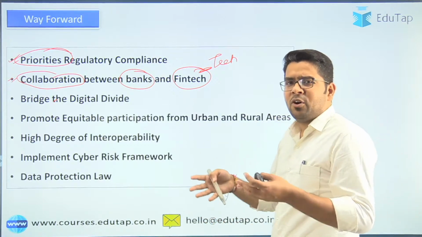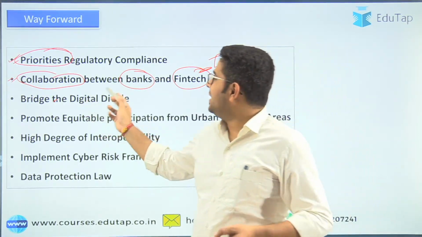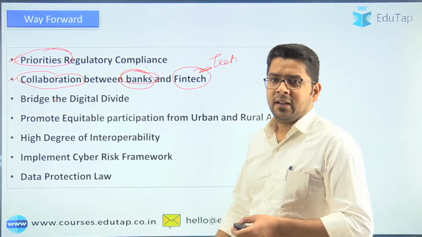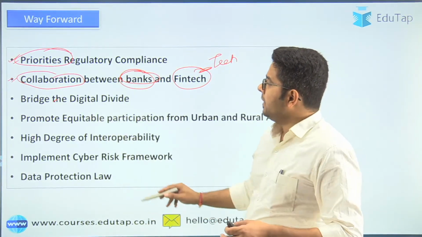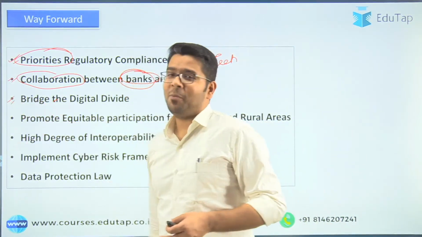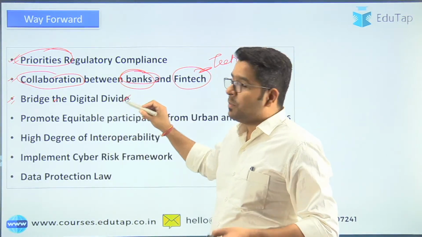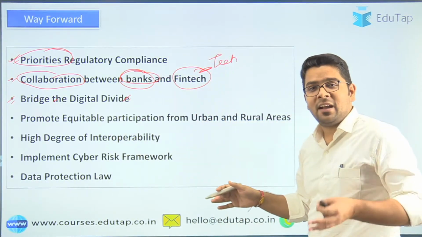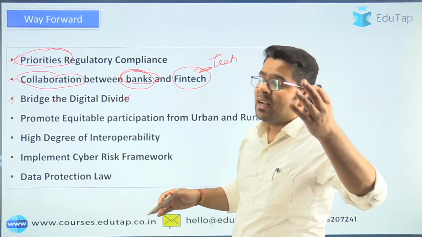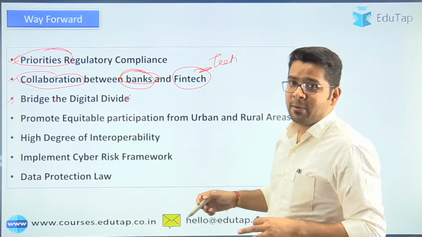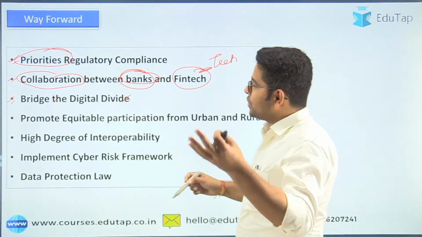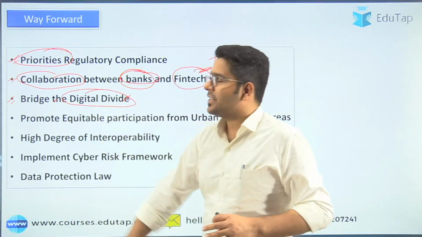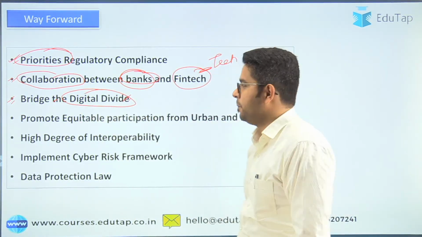But when we are talking about the RBI paper, better we deal with the banks only. Then a very common term here: whenever you see the term technology in India's aspect, whether challenge, problem or solution, the digital divide will be there.